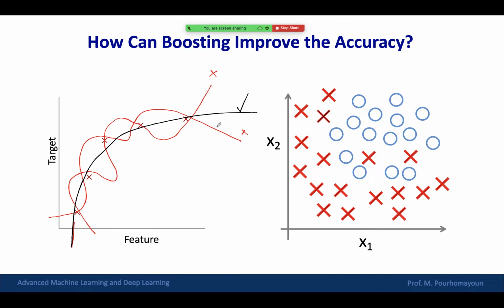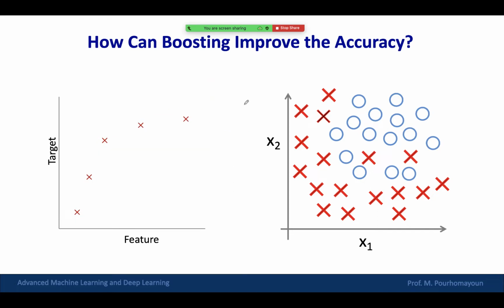So I had two high variance, overfit models, and using the bagging technique, I made a good model, something like that. So this is bagging.